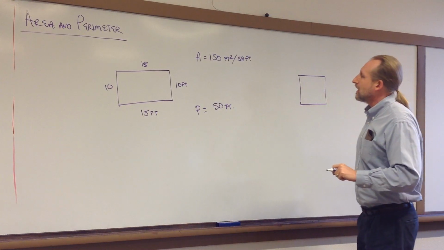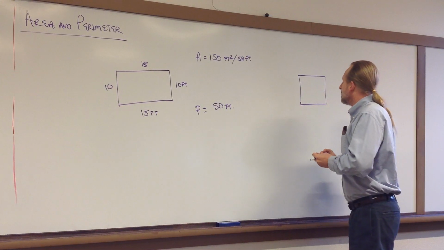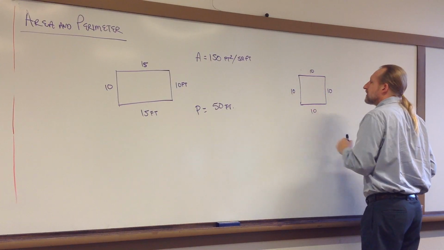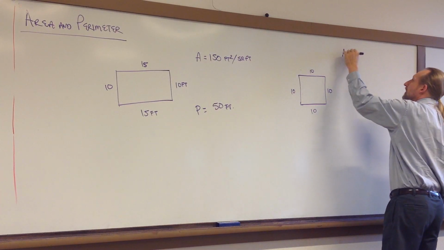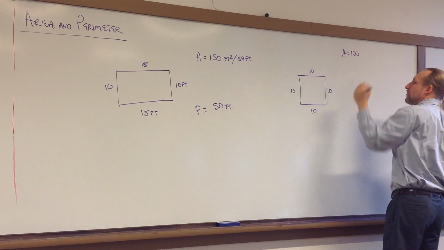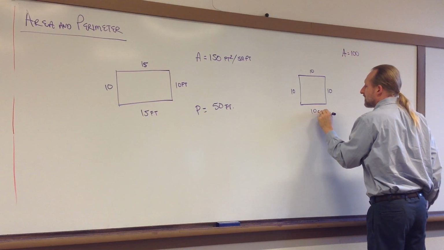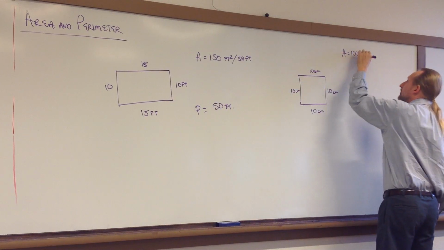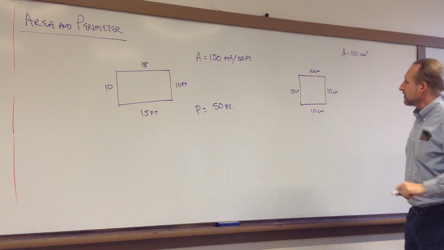So let's say we've got a square that's 10 units on either side. The area is equal to 100, let's make them centimeters, so this will be 100 square centimeters.